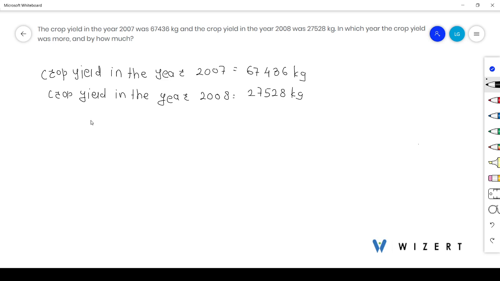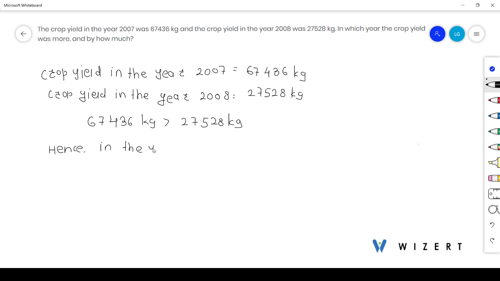So here we can observe that 67,436 kilogram is more than 27,528 kilogram.